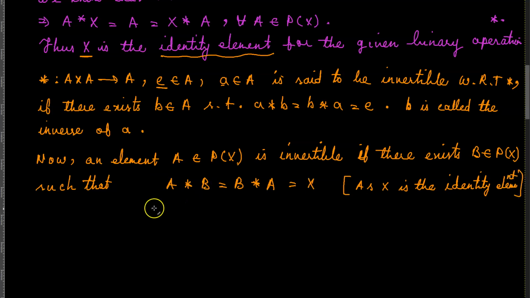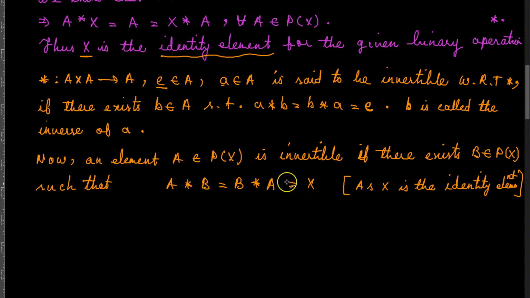Otherwise, generally you would write this the way that we wrote it here: a star b is equal to b star a is equal to e. Now, since X is the identity element here, we have written this in capital letters because they are referring to sets, and X is the identity element here, which is again a set, right?